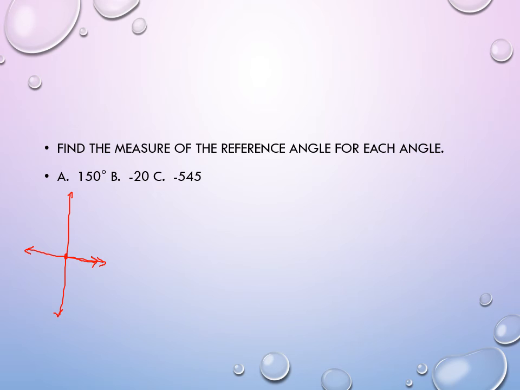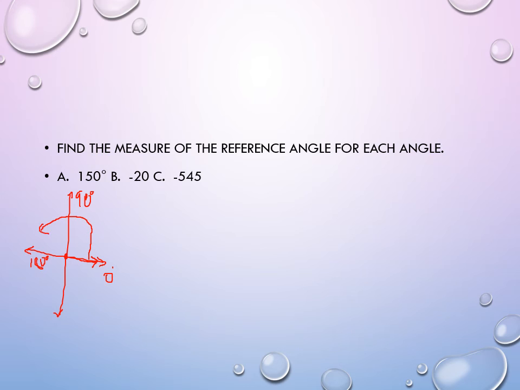Okay, then we said this is 0, this is 90 degrees, this is 180. So because it's positive 150, we're going to go counterclockwise. So this is 90 and this is 150.